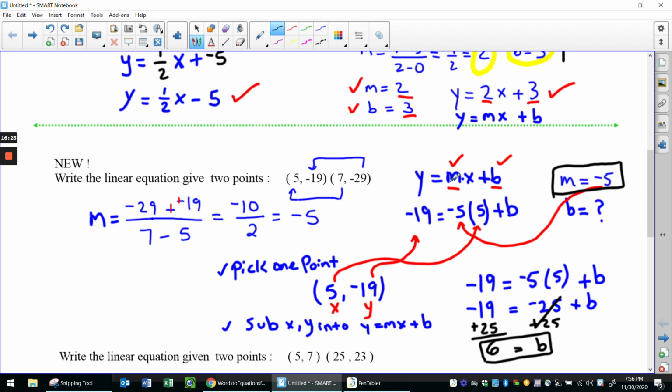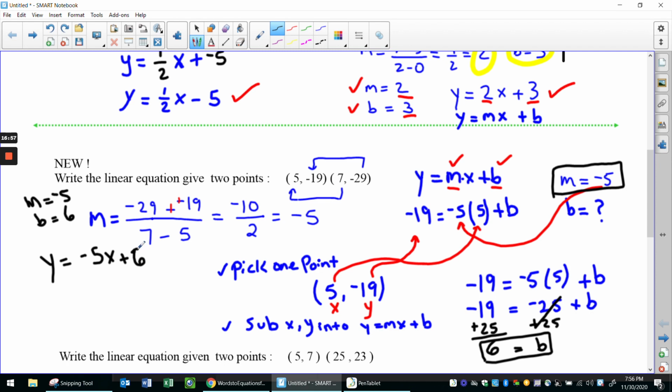Our final equation should not have any numbers for y and x. So we're going to go ahead and just write our equation with the slope that we solved for originally, which was negative 5, right? And our y-intercept b that we got, which is 6. And we're just going to go y is equal to negative 5x plus 6.